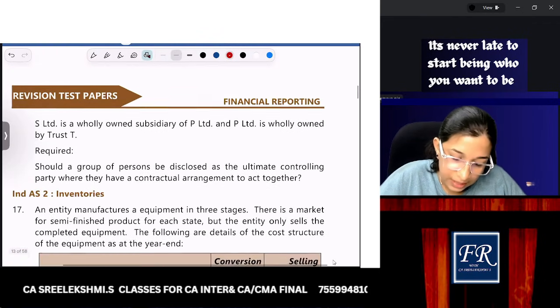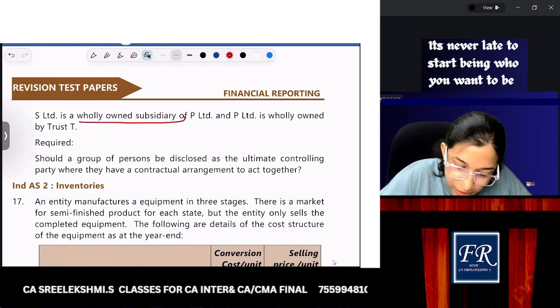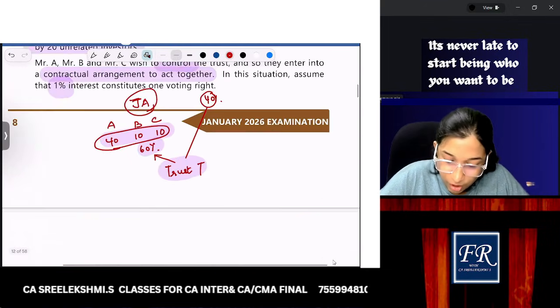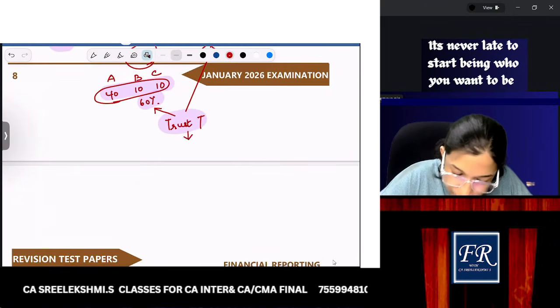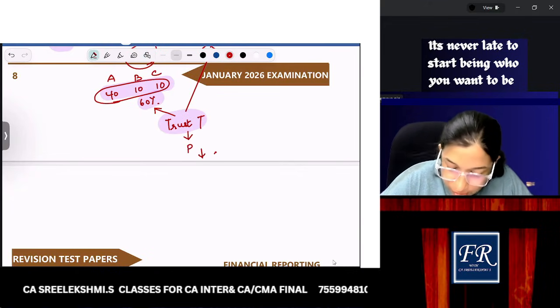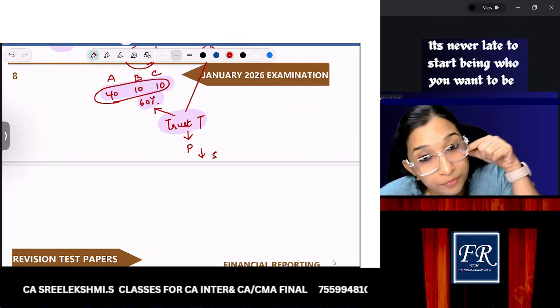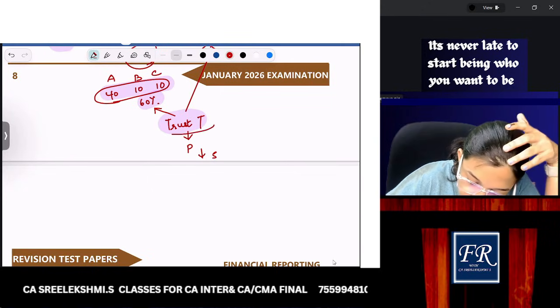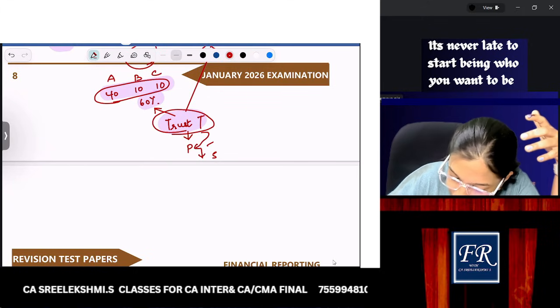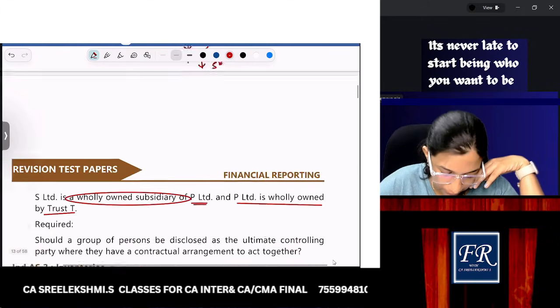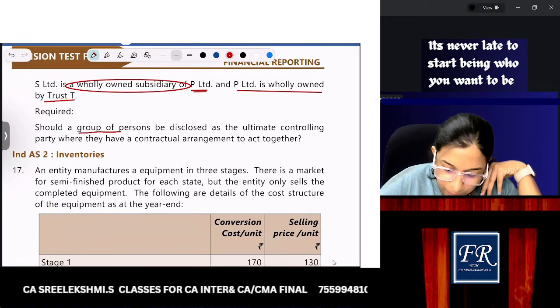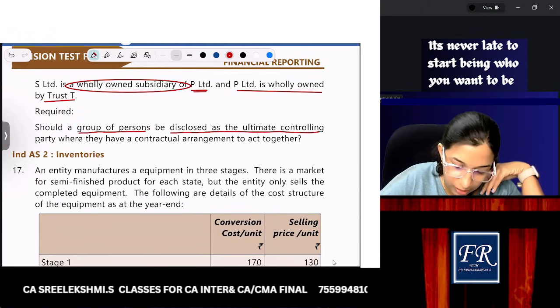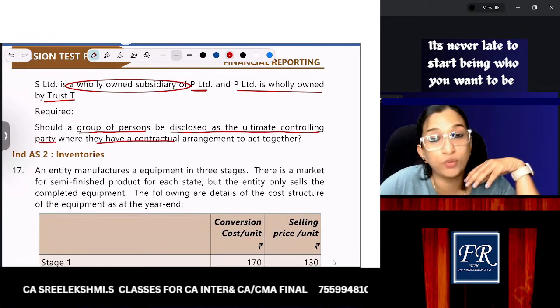S Limited is a wholly owned subsidiary of P, and P is wholly owned by Trust T. So the trust is owning P and P is owning S. Should a group of persons be disclosed as ultimate controlling party when they have a contractual arrangement to act together?